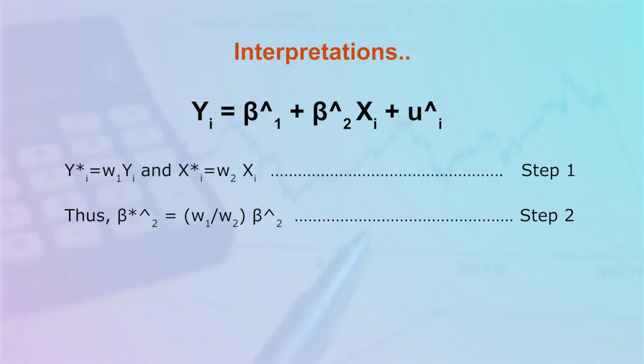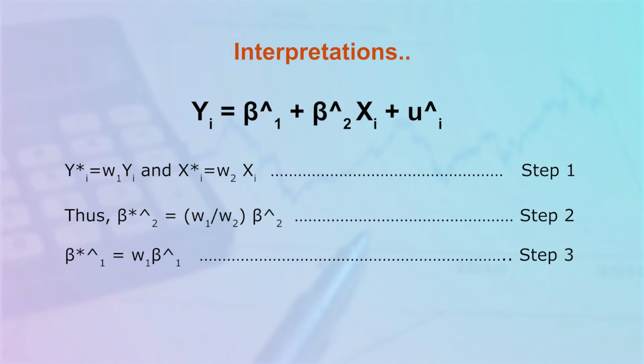So after that we get beta star, and just now we have derived in step 2, which is w1 by w2 into beta hat 2. Accordingly we can also represent beta 1 hat star as w1 times beta 1 hat. That means beta 1 hat star is the estimated value of the intercept term, which is also associated with only w1, as we can see in this equation or in step number 3.